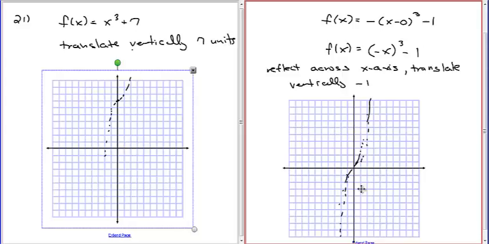Okay. So now if you reflect that, what happens is you come over around the x-axis, then this point here goes down there, and this point there goes down there. The one up here goes down there, and the one down there comes up there. So that is the reflection process. Like that.